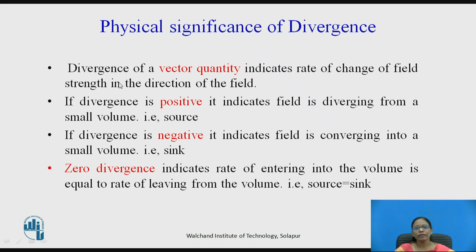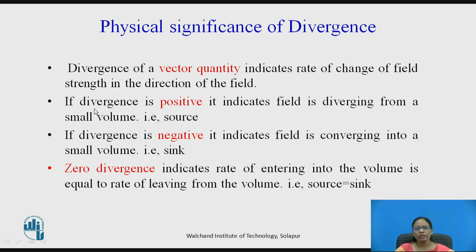So for any vector the rate of change is nothing but the divergence. But what is meant by divergence? Divergence is either the outflow or inflow.